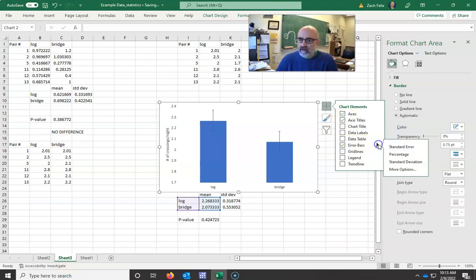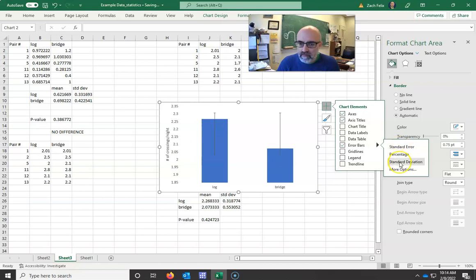Go over to the little arrow. Click here. Go to more options. Because you don't want to put a standard error. I don't know how it's calculating. Standard deviation. No, it's not. This is not right. Like you see, if I did standard deviation, we calculated standard deviation of 0.3. This is saying there's a standard deviation of 1 or 2.